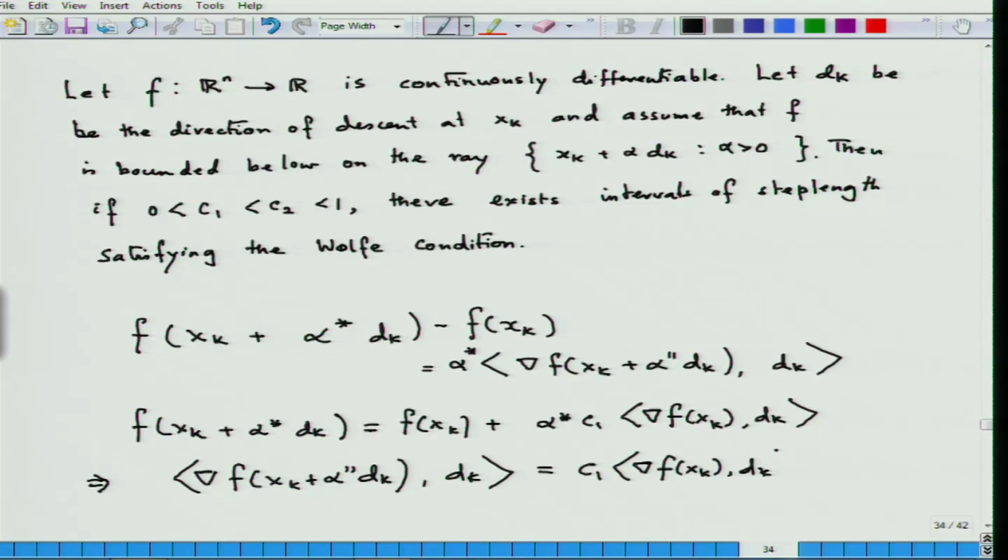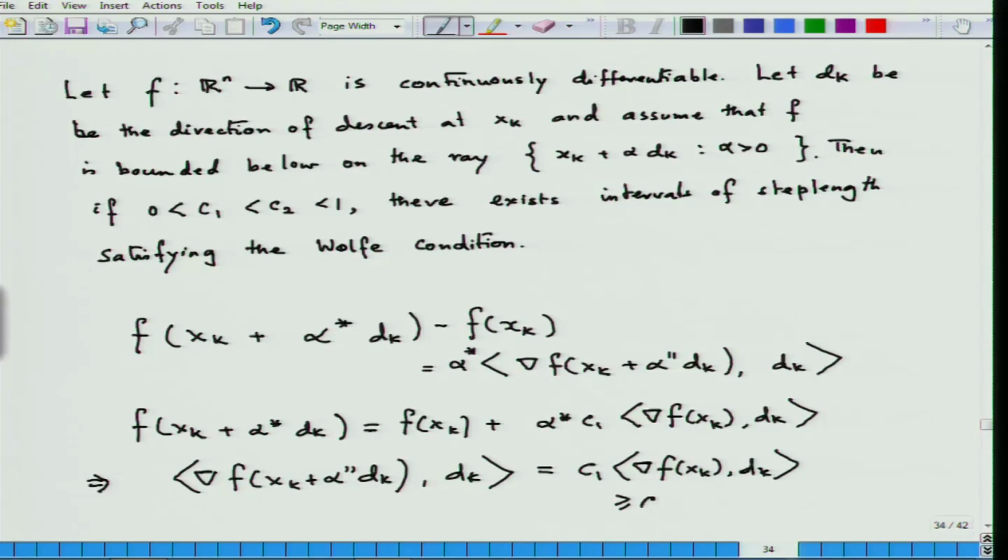This is a negative quantity. Now C2 is bigger than C1, C2 is lying between C1 and 1.